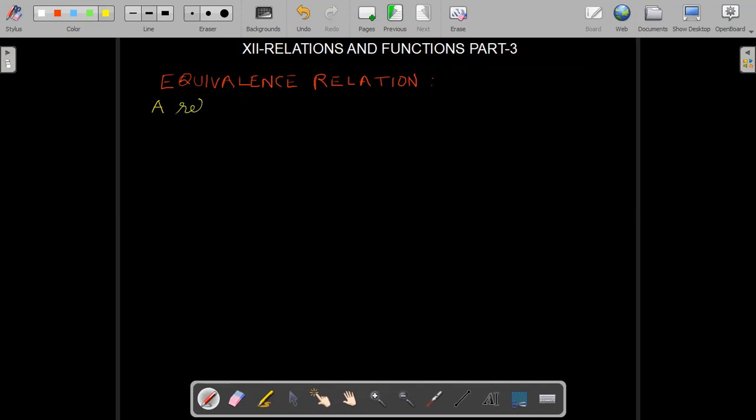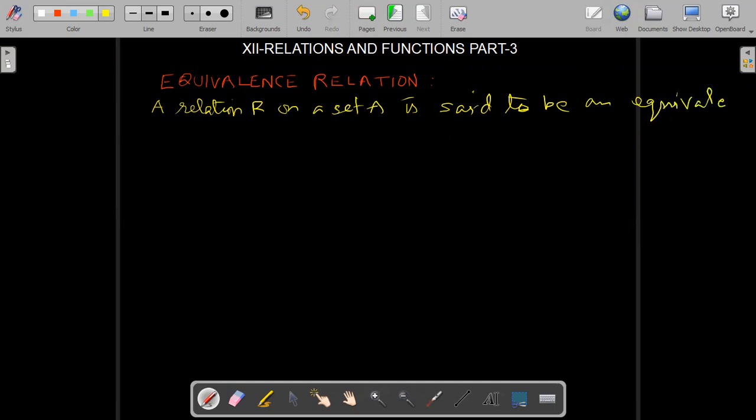So how we will define it: our relation is on a set A. A relation R on a set A is said to be an equivalence relation on A if and only if.